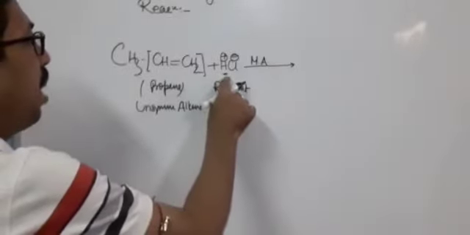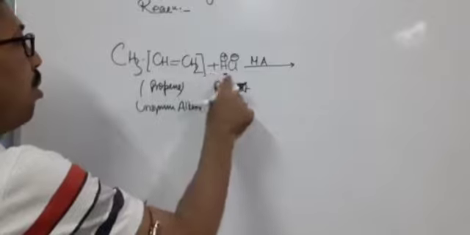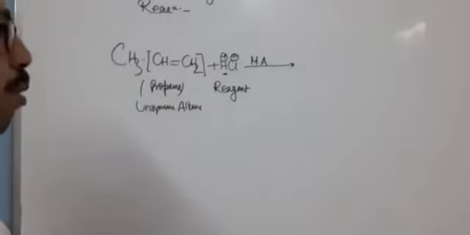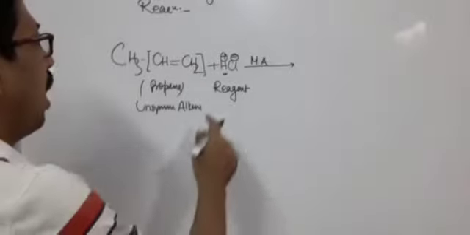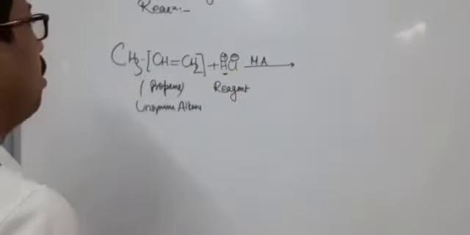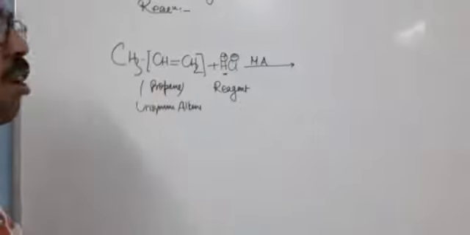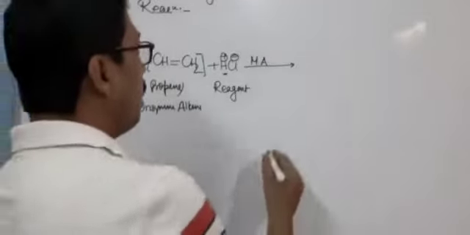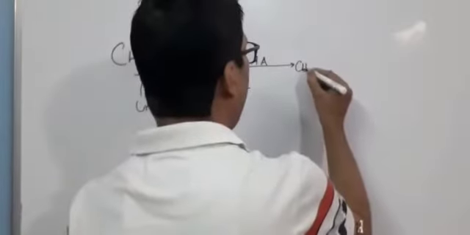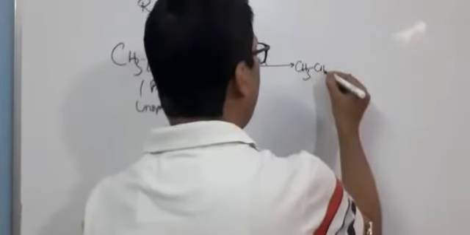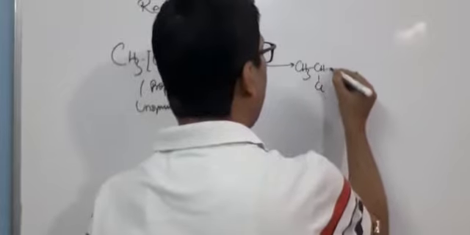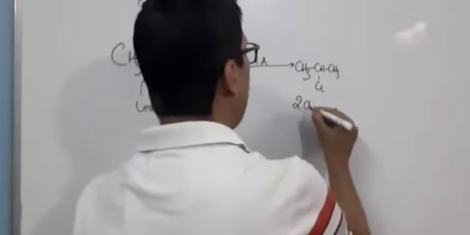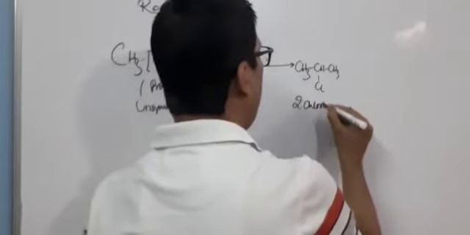So we can add hydrogen of HCl to the right side double bonded carbon of the alkene, and we can add Cl to the left hand side of the double bond carbon atom of the alkene, and the product will be CH3, CHCl, CH3.